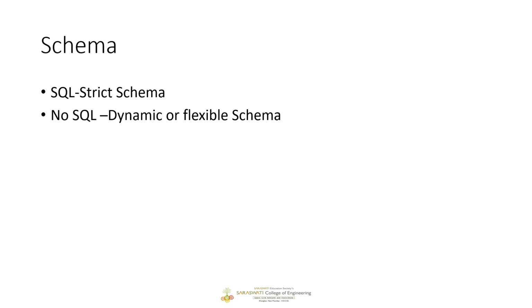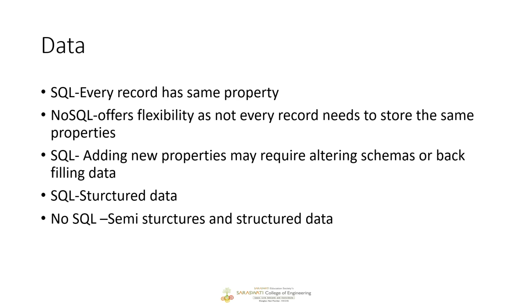What do we mean by schema? Schema is the metadata of the database. It is the metadata of all the tables in the database. It contains the description of the table and various other details of the table. So an SQL schema once created cannot be changed, while a NoSQL database schema is flexible.